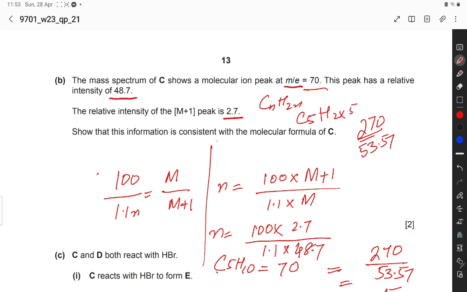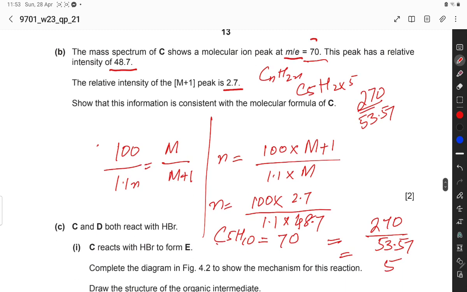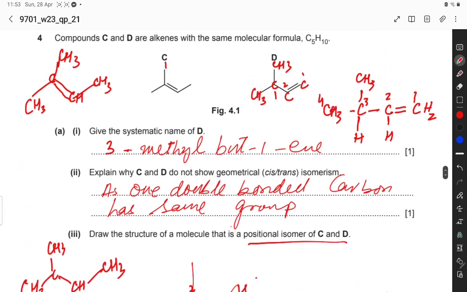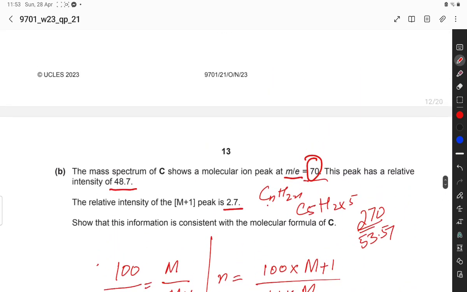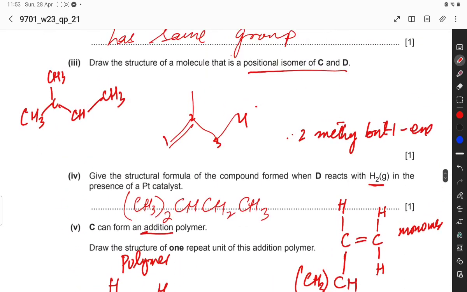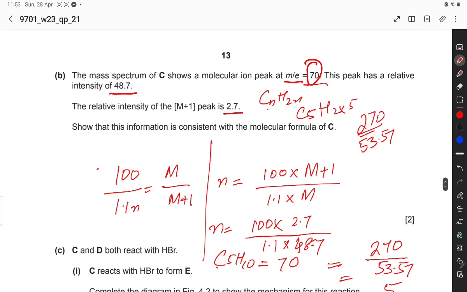Show that this information is consistent with the molecular formula of C. The Mr of the compound is 70, and it is an alkene, CnH2n.